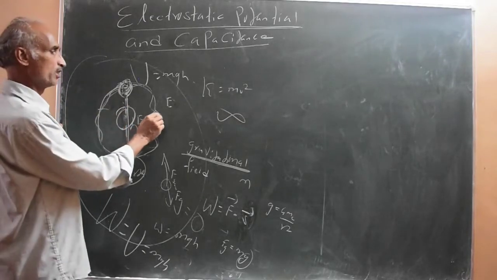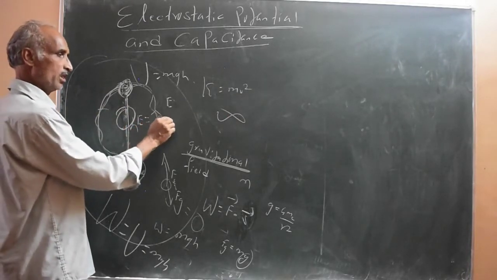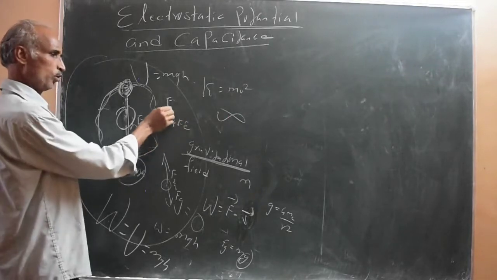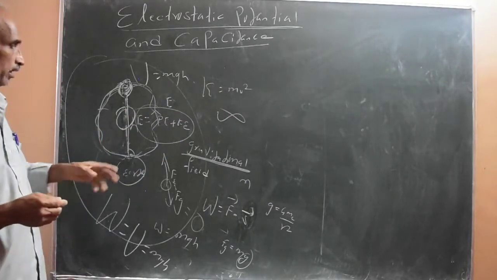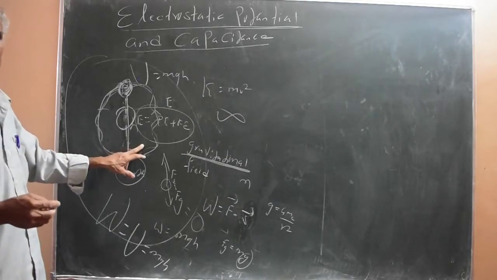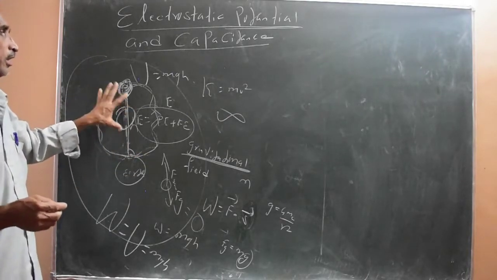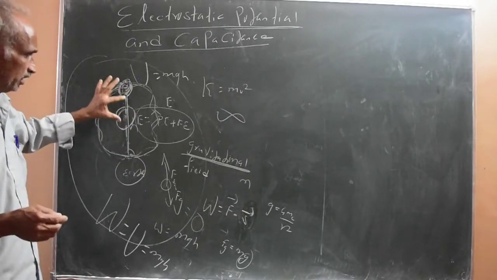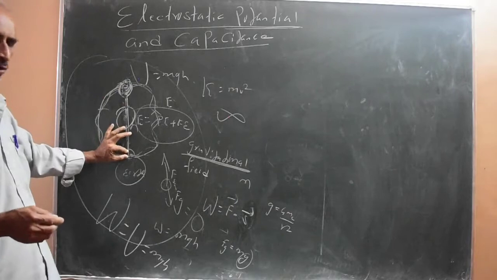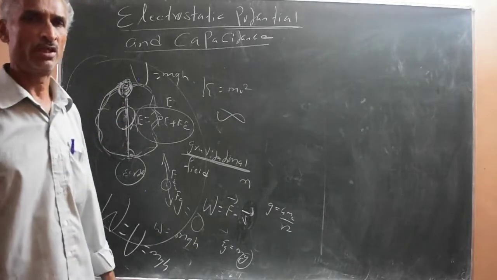Therefore, total energy is potential energy plus kinetic energy. Total energy is always conserved. In a conservative field, if the body is in motion, the total energy is always constant. At the maximum height, in between, and when it is about to reach the ground, the total energy is the same.